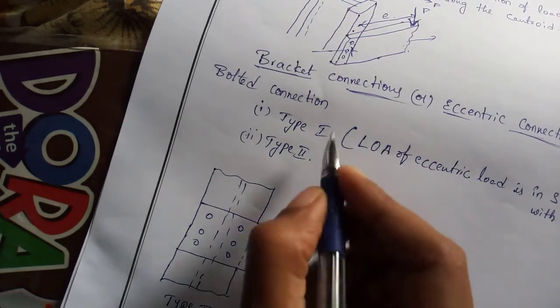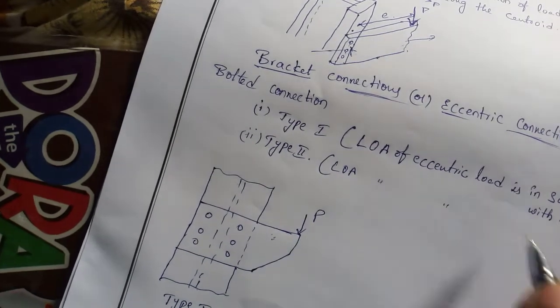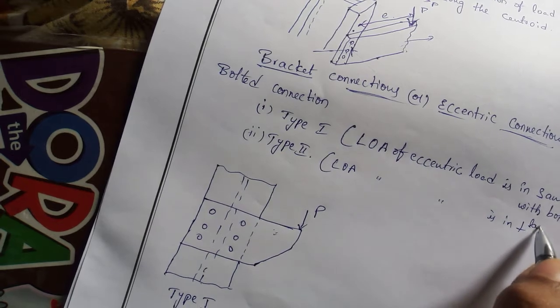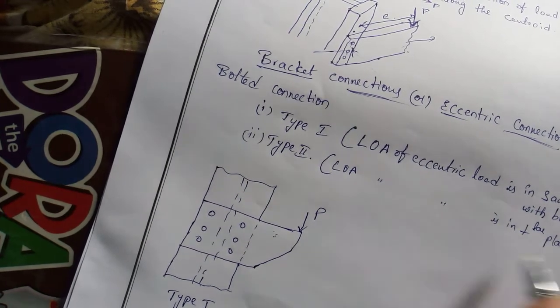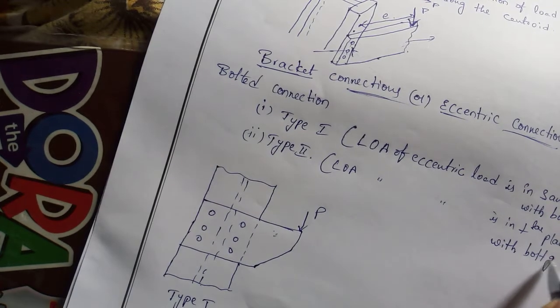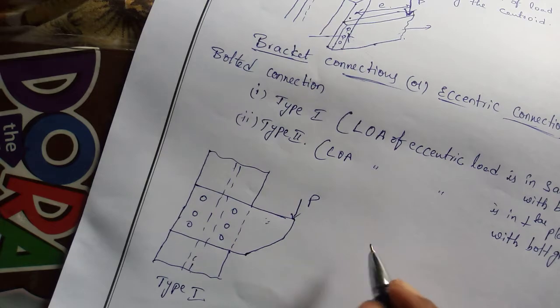Coming to type 2, the line of action of the eccentric load is in a perpendicular plane with the bolt group. Now you have to observe this a little clearly.